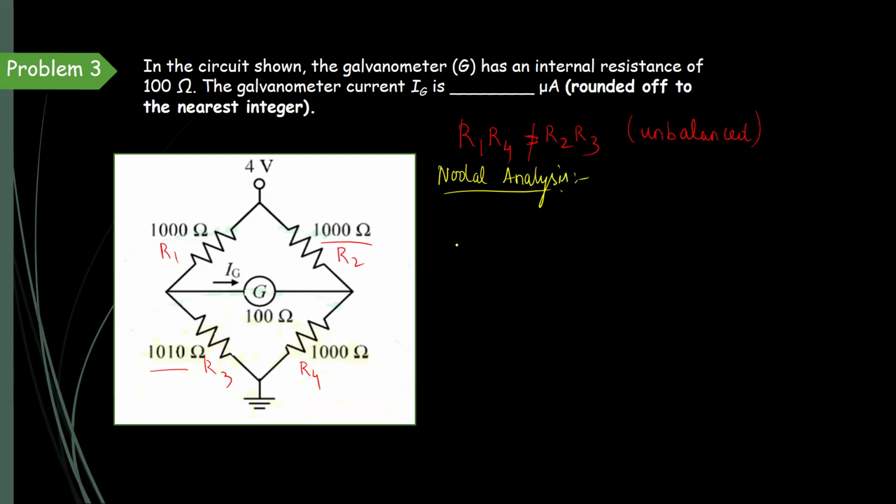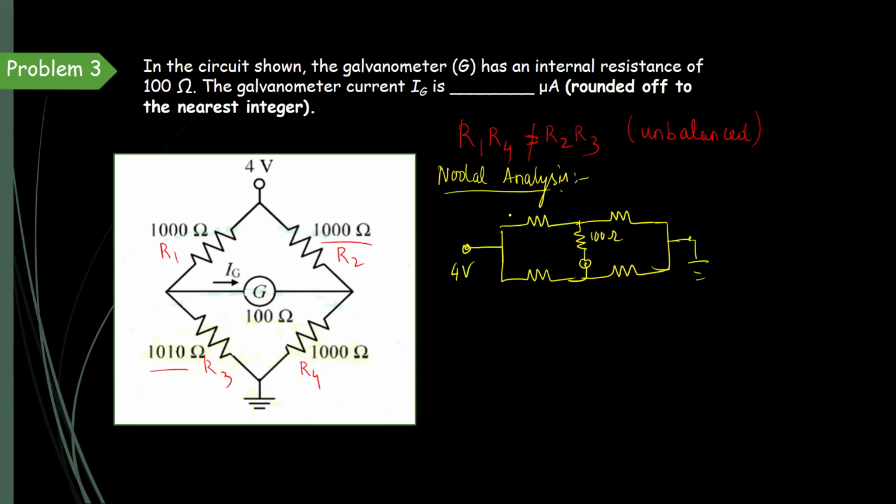So I'm going to redraw the circuit. This resistance is the internal resistance. This is 4 volts and this is grounded.